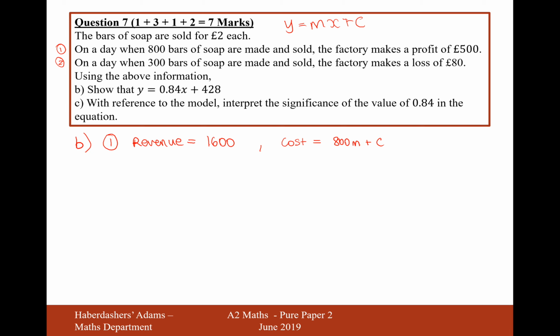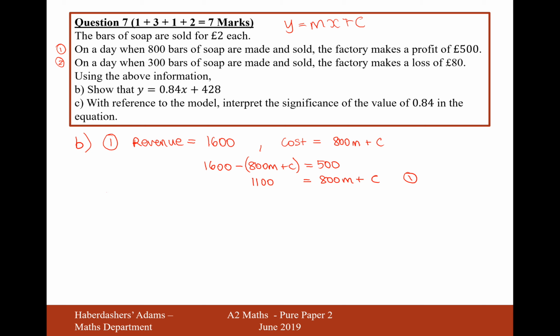We don't know what the variable cost is, and we don't know what the fixed cost is. But we know that the difference between these two values, 1,600 minus (800m plus c), equals £500, because this is revenue take away cost. If I rearrange this, it's going to be 1,100 equals 800m plus c. This is effectively simultaneous equation number 1.